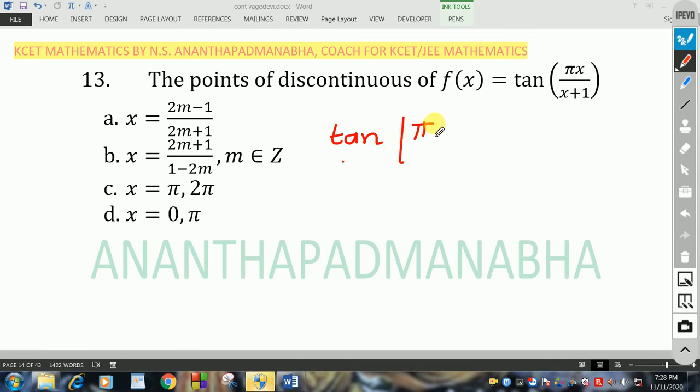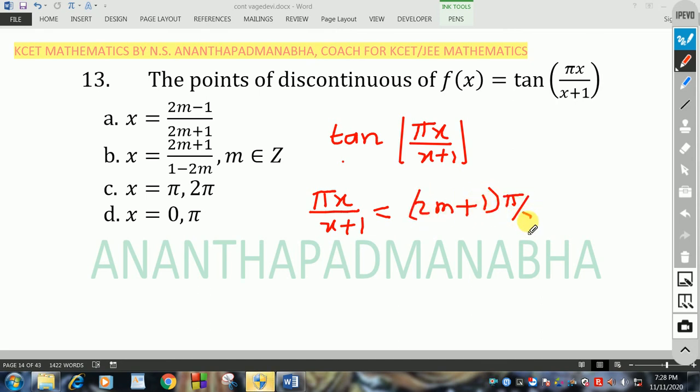That is, I have tan of pi x by x plus 1. So I will consider this. This is not defined when pi x by x plus 1 is an odd multiple, that is 2m plus 1 into pi by 2. If tan of this angle is an odd multiple of pi by 2, then it is not defined. This becomes infinity.